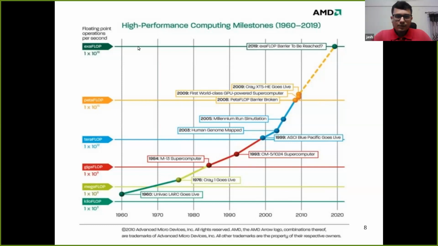This is quite an old chart actually, but today in 2023 we have reached the exaflop stage. The current fastest supercomputer, Frontier, is able to achieve 1.5 exaflops of floating point operations per second.